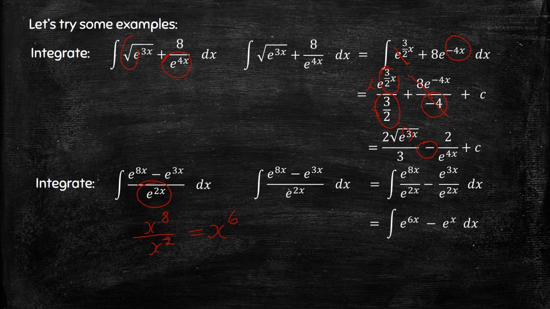So that becomes e to the 6x, and 3x minus 2x is just 1x. So we just leave it as e to the x. And now we can integrate that, so that becomes e to the 6x over 6 because of the 6 in front of the x, and e to the x just stays the same, plus c. And that's how you integrate exponential functions.